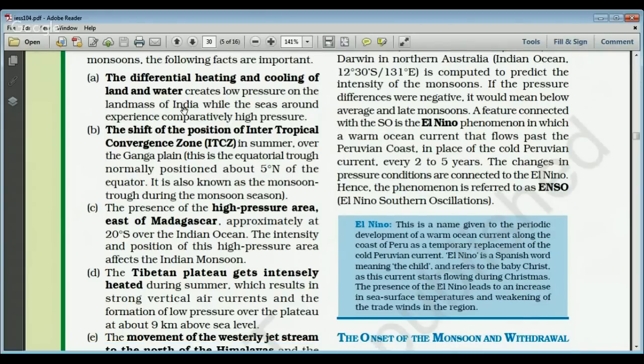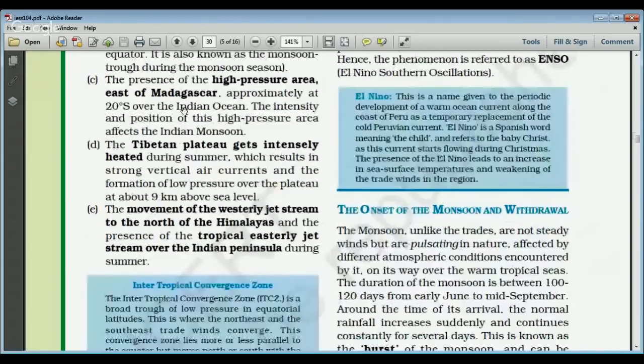Then the fourth factor is the Tibetan plateau. It needs to be heated intensely during the summer season, which results in strong vertical air currents. Because the Tibetan plateau is heated, strong vertical air currents will form, and the formation of low pressure over the Tibetan plateau will take place at about 9 kilometers above sea level.